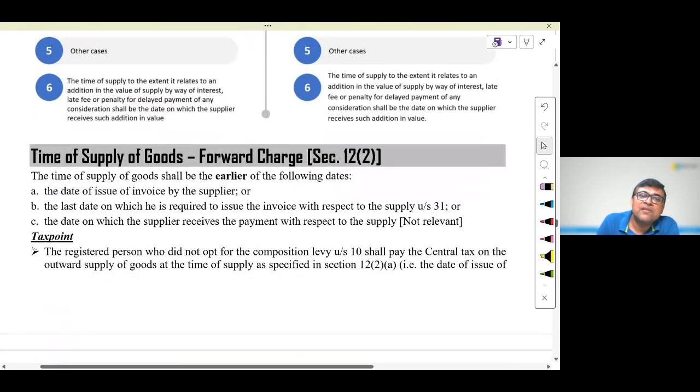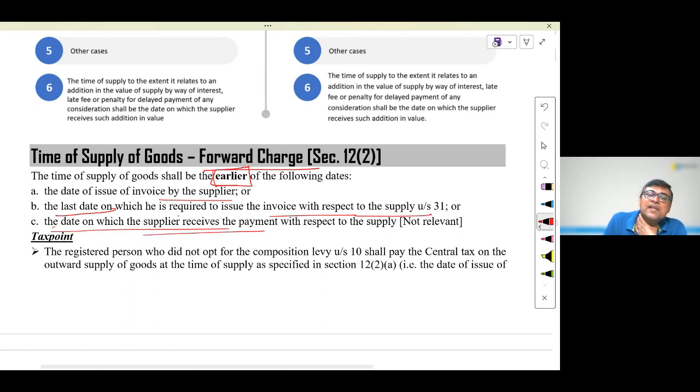Time of supply of goods, forward charge. The time of supply of goods shall be the earlier of the following. Be careful, earlier of the following: the date of issue of invoice by the supplier, that is, the date on which you issue the invoice; the last date on which he is required to issue the invoice with respect to the supply made under Section 31; or the date on which the supplier receives the payment with respect to the supply.